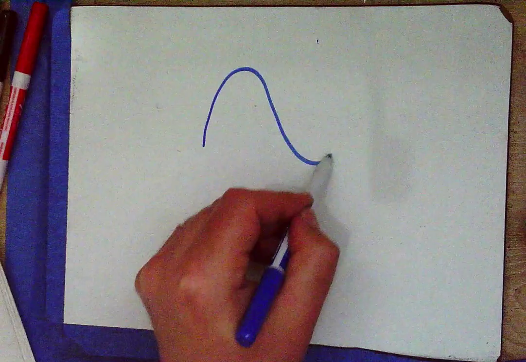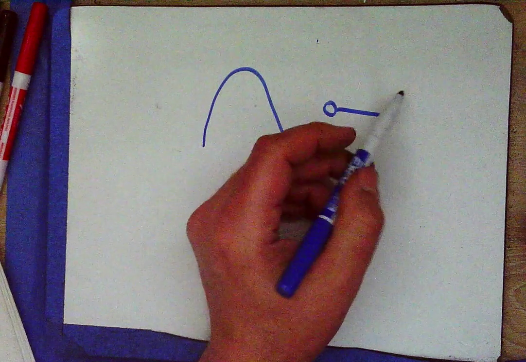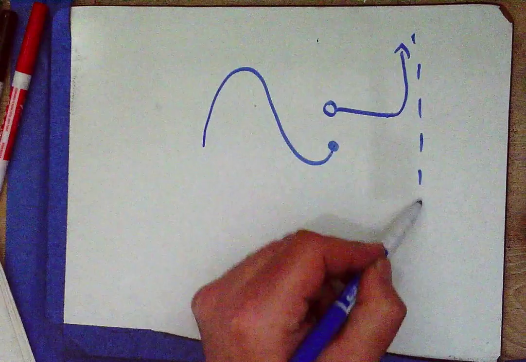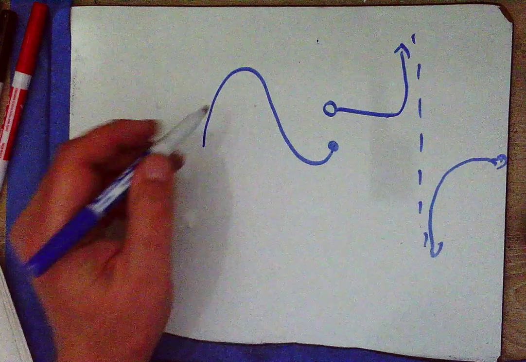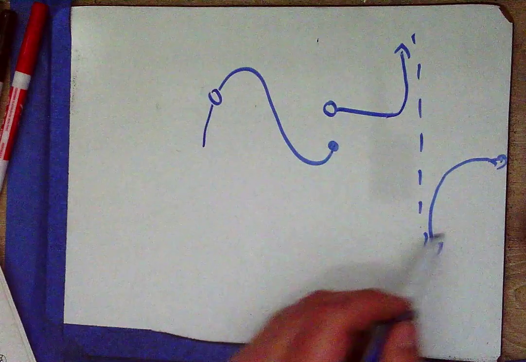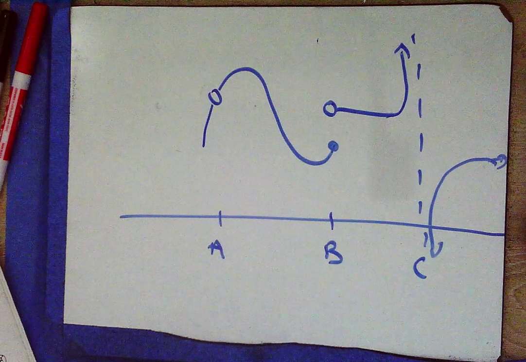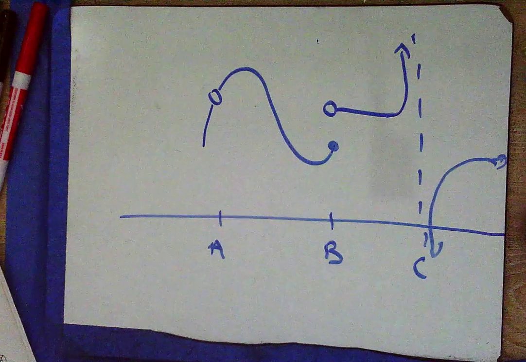So let's think about continuous at a point. Let's take this one. Okay, so this is a, b, c. All right, am I continuous at x equals a?